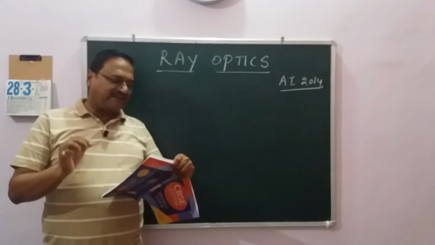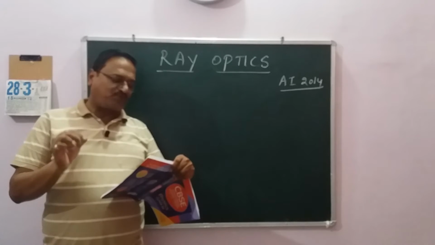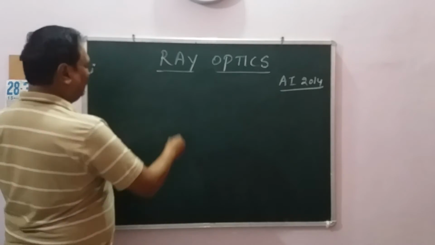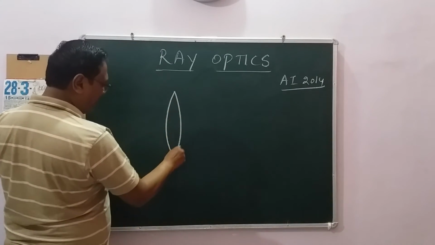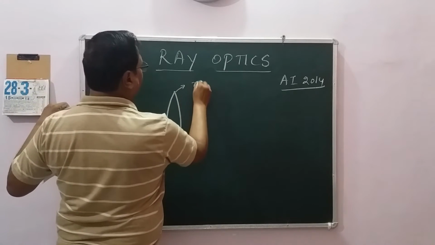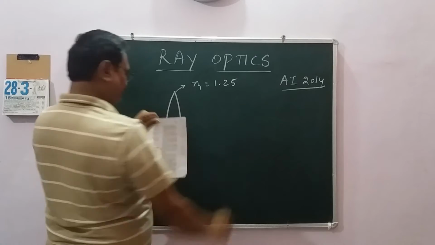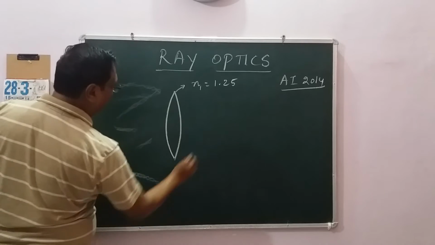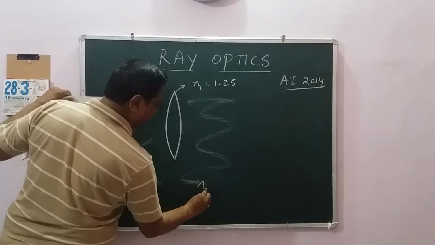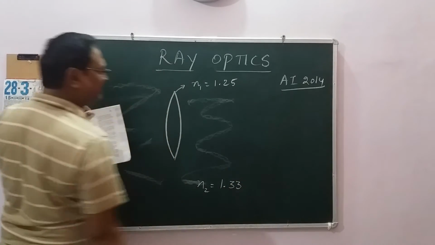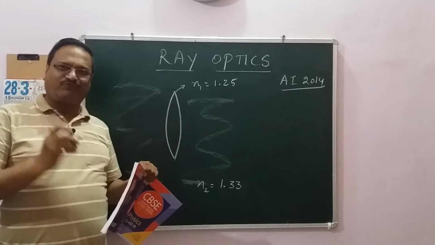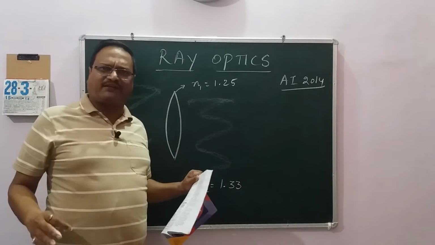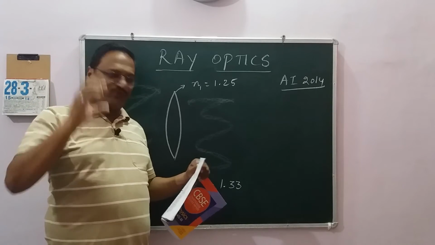A biconvex lens made up of a transparent material of refractive index 1.25, n1 equal to 1.25, is immersed in water of refractive index, the second medium, 1.33. First visualize and draw a rough diagram with pencil. Your mind will become clear about what you are doing.